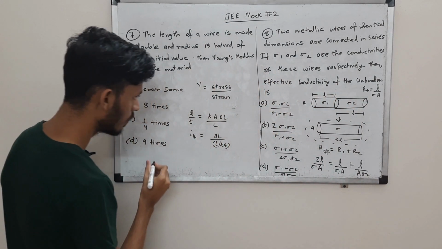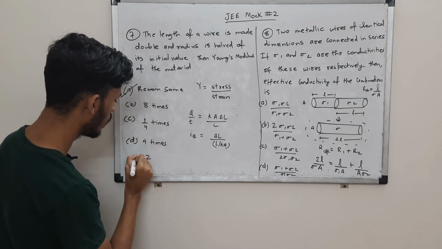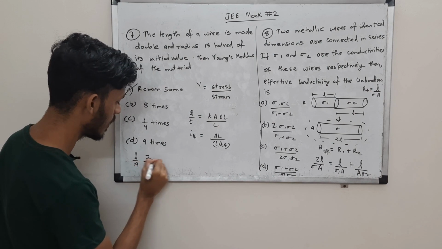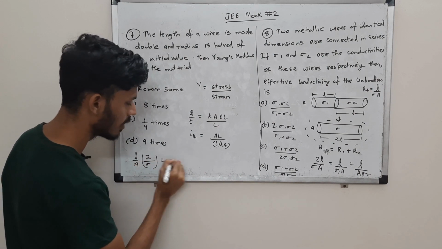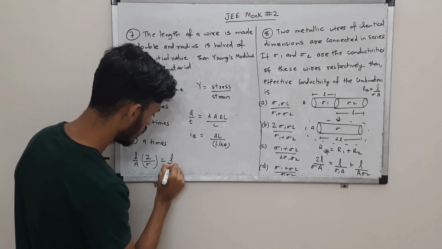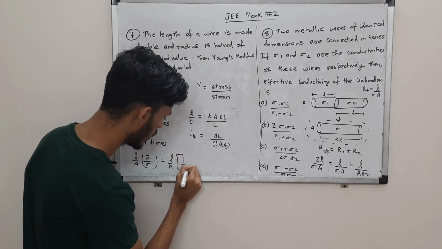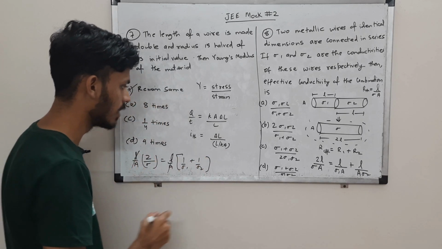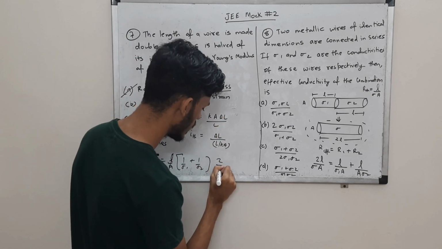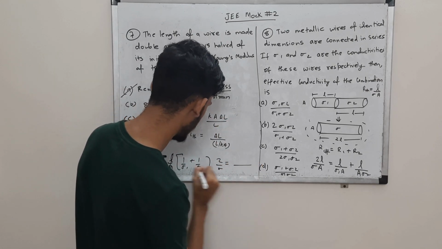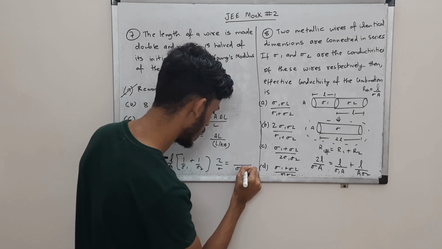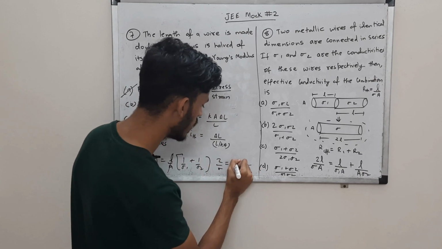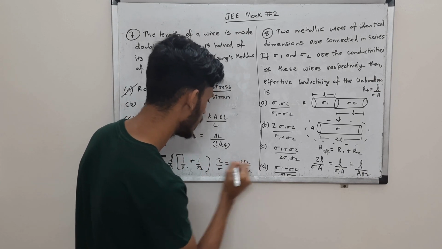Now take common whatever is common. Here we'll have 2, and L by A we keep separate so that it will cancel out. On the other side we take L by A common, so these get cancelled. Finally we have 2 by sigma equals, taking the LCM, sigma 1 plus sigma 2 over sigma 1 sigma 2.